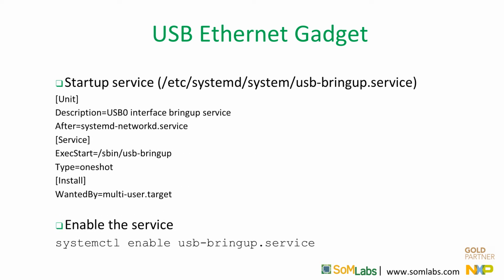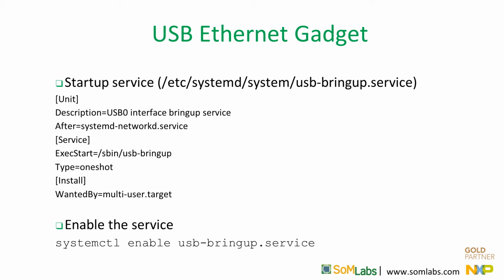After launching the script, it will perform all the operations that we have just entered manually, but in order to execute it automatically at startup, we need a service that will do it for us. So let's go to the directory /etc/systemd/system and create the usb-bringup service file like on the slide, or copy it from the exercise sources on the virtual machine.